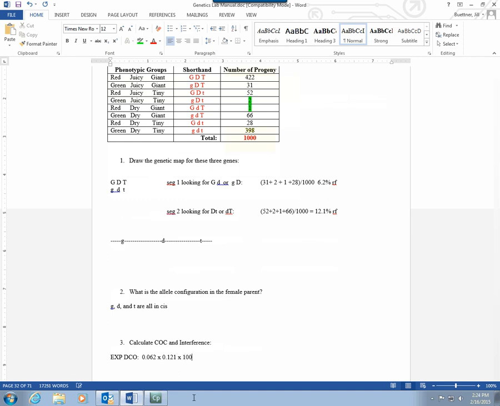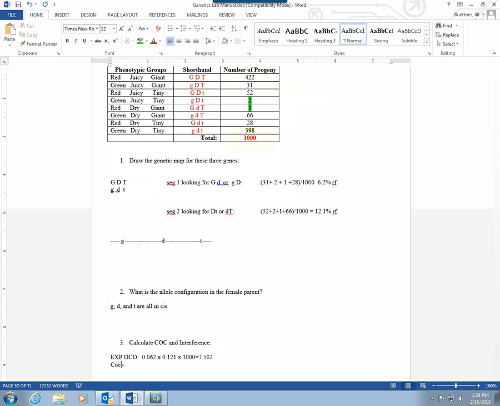And you would expect 7.502 DCOs. You observed 3.